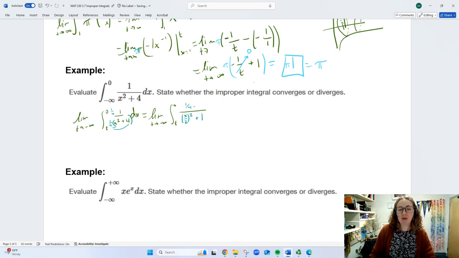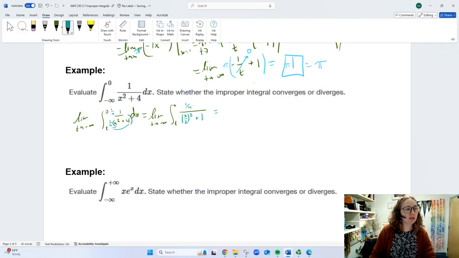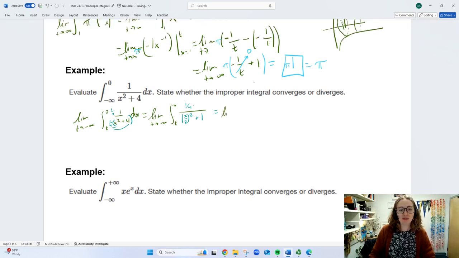Now that I have it written like this, I can use my tangent inverse as my antiderivative. I'm going to do a quick u substitution in order to do that. So I'm going to let u equal x divided by 2, and that means the derivative is just 1/2 dx.